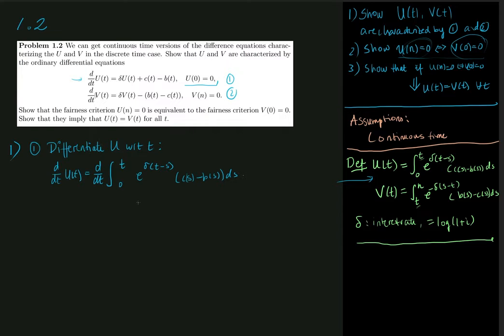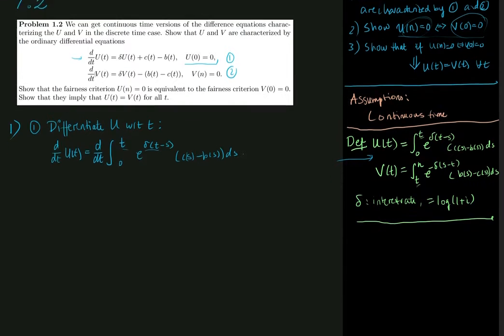Well, first of all, there's something not so nice about having a t inside the integrand and a t in the boundary. I actually know what I can do about the t in the boundary, because for that we can use the fundamental theorem of calculus.